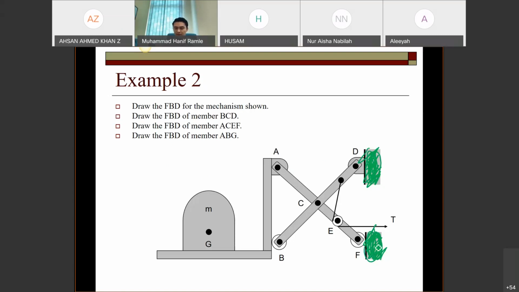So let's say I just remove this from the system. Next is the determination of the reactions. At point D, how many reactions are there?